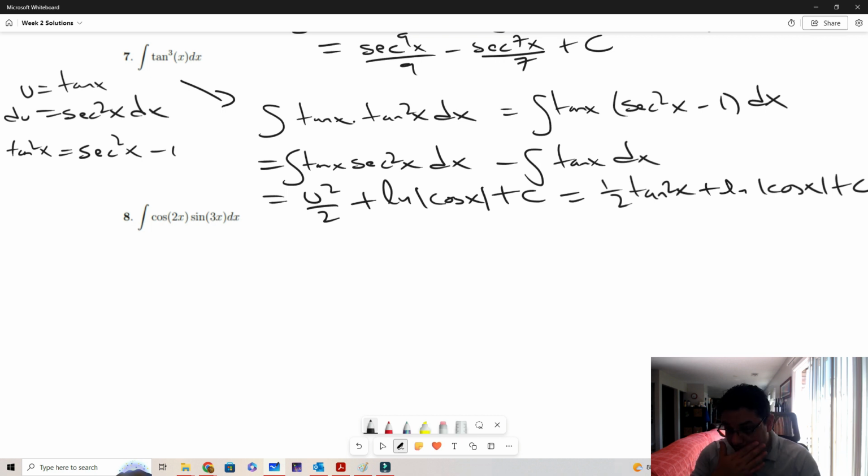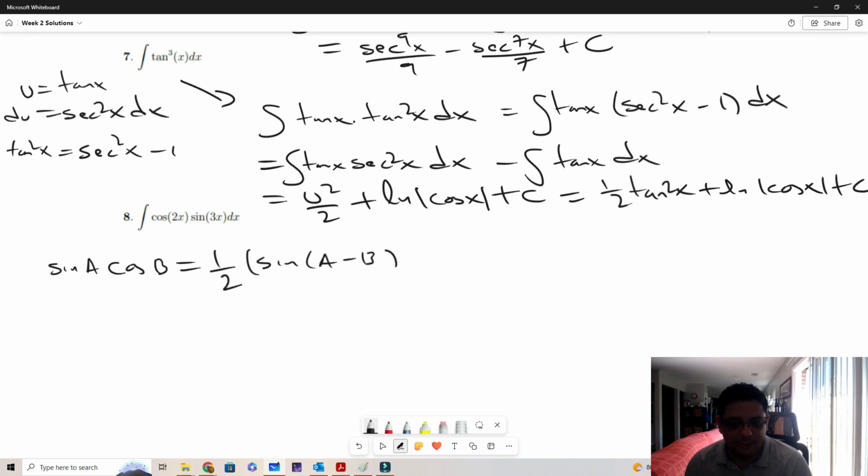Okay. Last but not least, we have the integral of cosine of 2x times sine of 3x. And this is a multiplication of two different trigonometric functions with two different angles. And so we can use the product identity. So if you remember the product identity, we have sine of A cosine of B, the multiplication of those being 1/2 of sine of the difference plus sine of the sum.